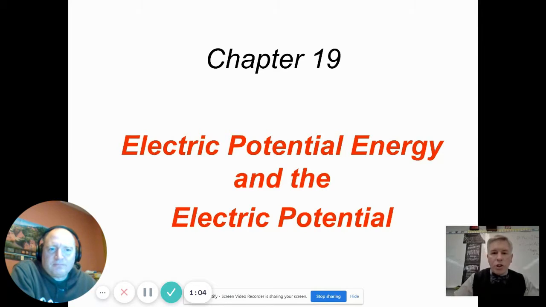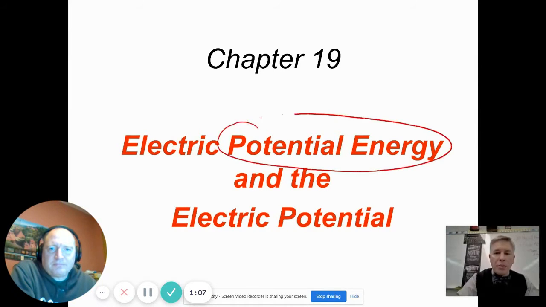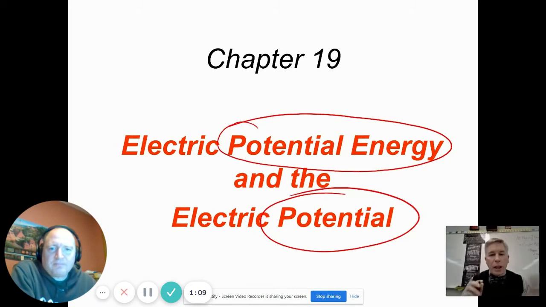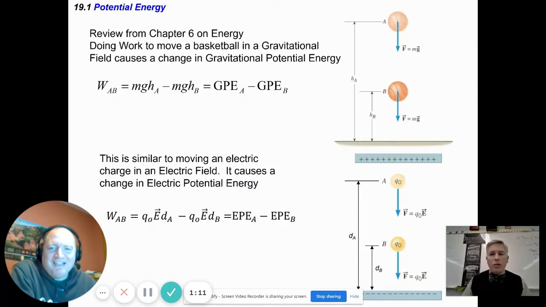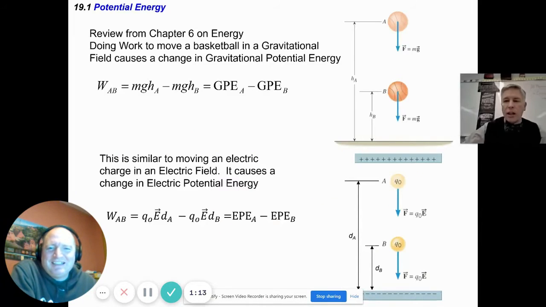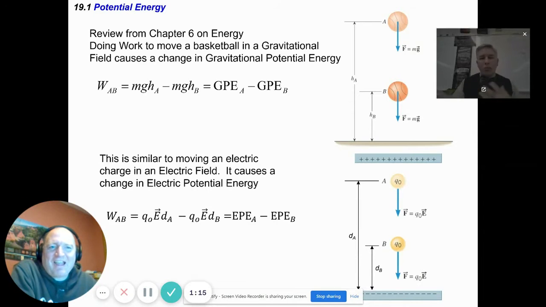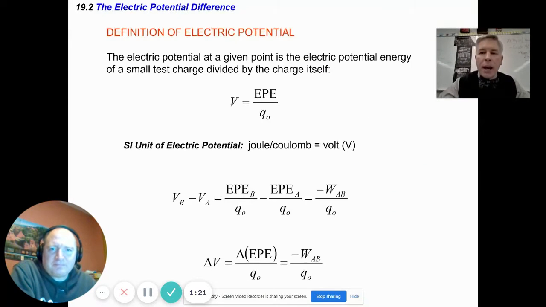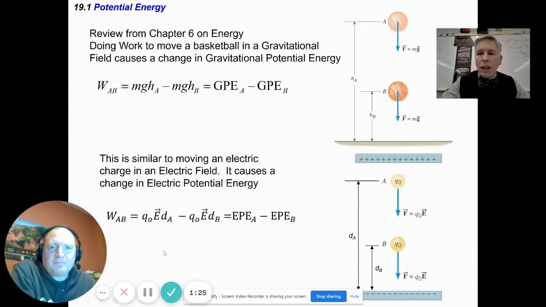But this one's going to introduce two major things. It's going to introduce the idea of potential energy and potential. They are actually different. And one of the first things I think is good to start off with is this idea. Let's relate this to gravitational potential energy. If I have a basketball sitting up here in the air, we know that this basketball has a certain amount of gravitational potential energy at a certain point.